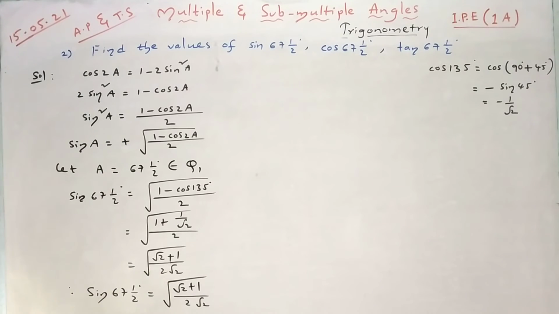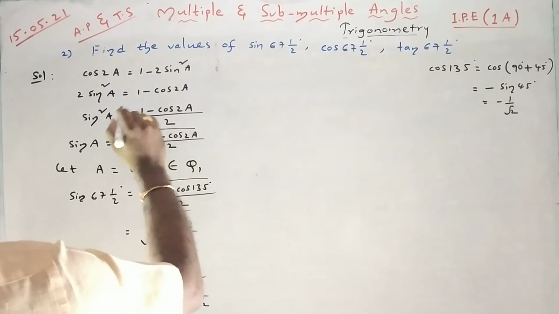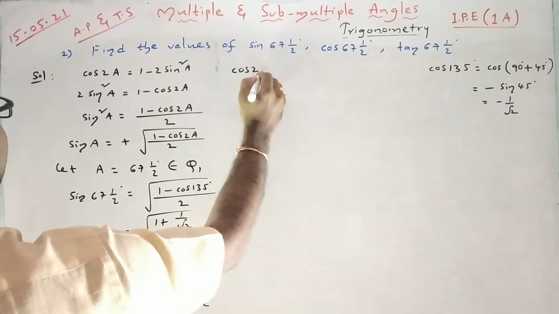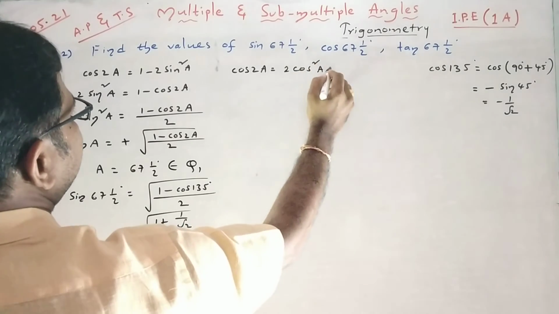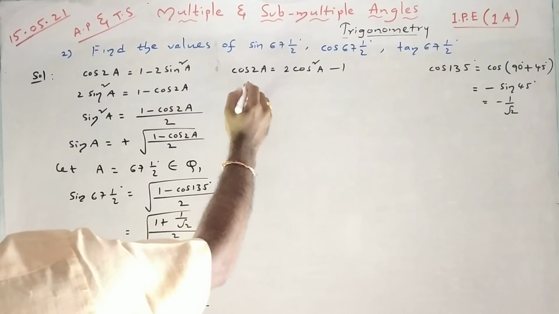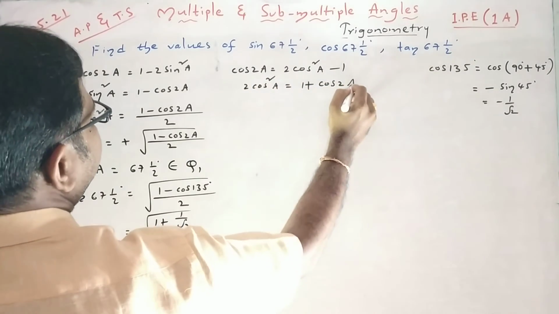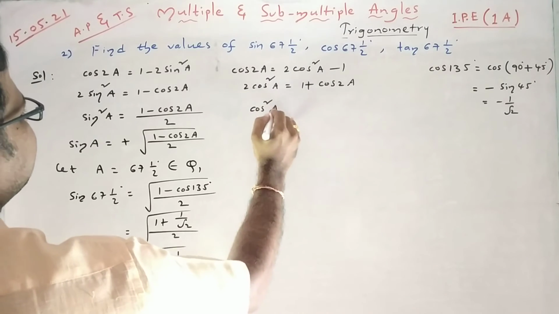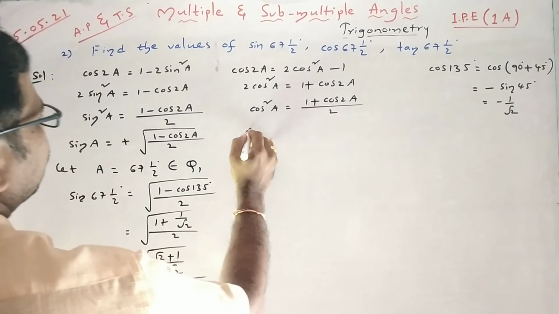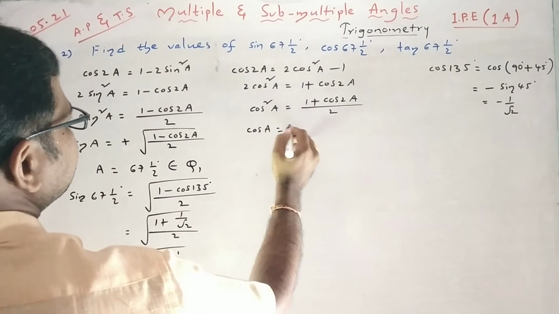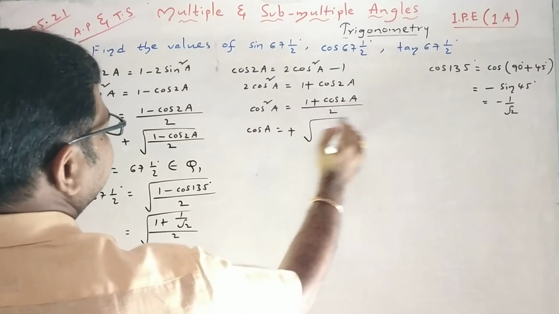Okay. For cos 67 and a half, we will use the same formula but in terms of cos. It is 1 minus 2 sin square A. In terms of cos, we have 2 cos square A minus 1. So 2 cos square A equal to 1 plus cos 2A. So cos square A means 1 plus cos 2A by 2. Cos A equal to square root. We will take plus only since A is 67 and a half, so we will take positive only.